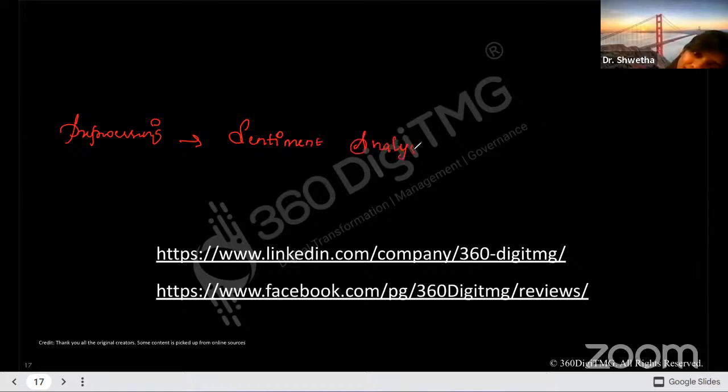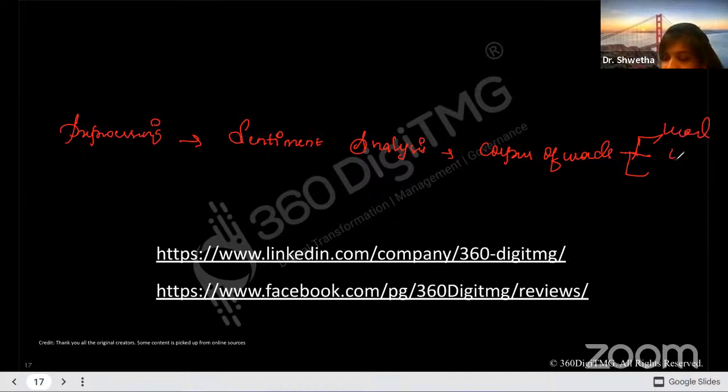We have taken the corpus of words and then built a word cloud. After building the word cloud, we have also taken the reviews of the medicines and then checked for the sentiment, the positive words and the negative words.